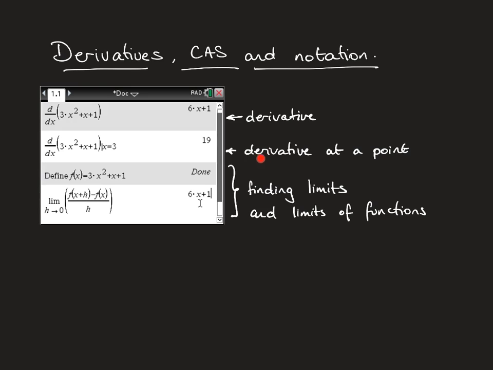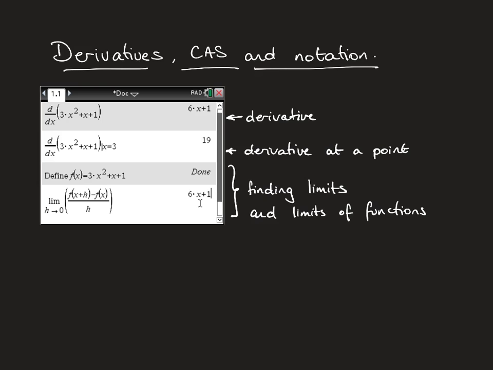The second one is what you get when you do derivative at a point on a menu. So this is at the point x is equal to 3, and you can see we got our answer of 19 as well. And here I've defined a function so that I can use the limit capability of the CAS calculator, which is also under the calculus menu, to find the derivative of our function here. You wouldn't do this very often at all.